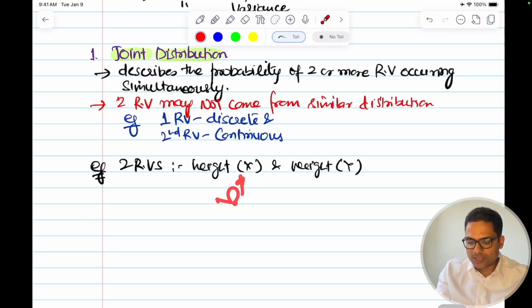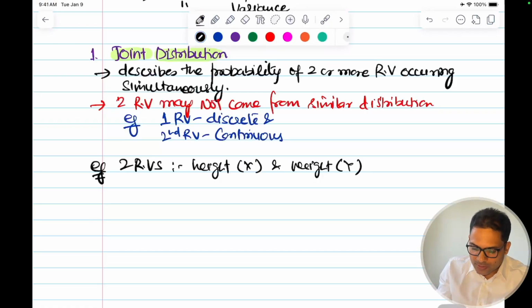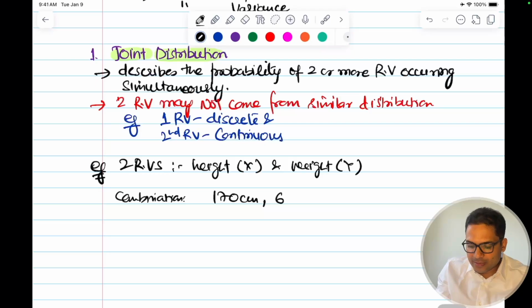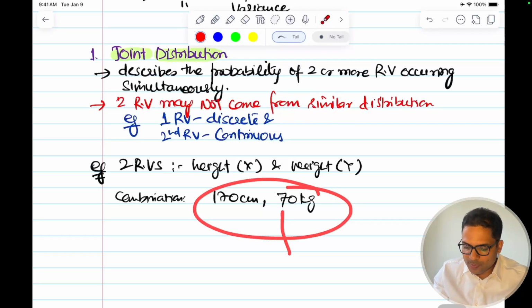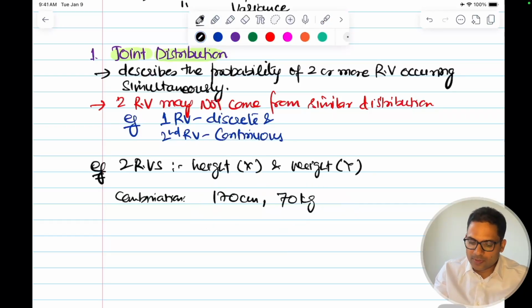Height can be Gaussian distribution, and weight I can keep as discrete or Gaussian, whichever way. But there are two random variables. If I want the joint distribution to tell us the probability of a person of a specific height and weight, that combination, for example 170 centimeter height and 70 kg weight, what is the probability of finding a person of this combination? This will come from my joint distribution.